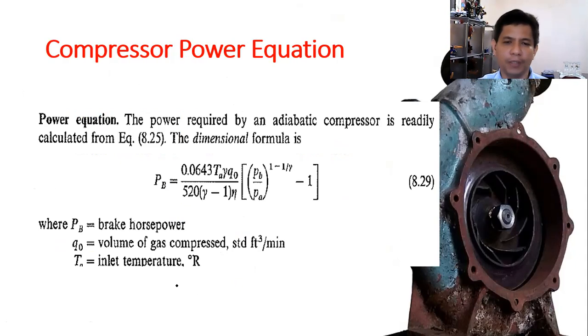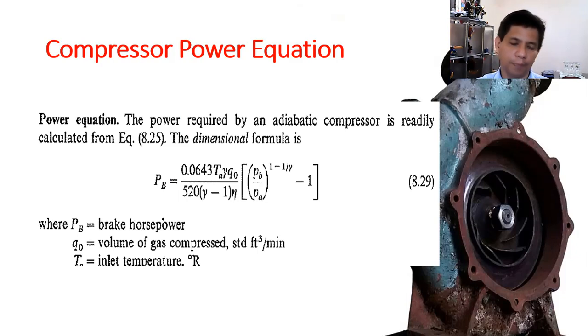We have here the power equation. Personally, I seldom use this because it's quite hard to memorize. Our observation is that lately on board exams, you are not asked to solve for the brake horsepower. You are just asked to solve for the horsepower of the compressor.